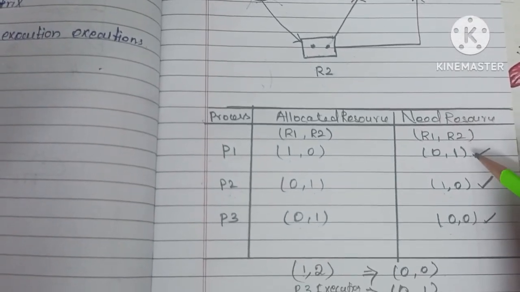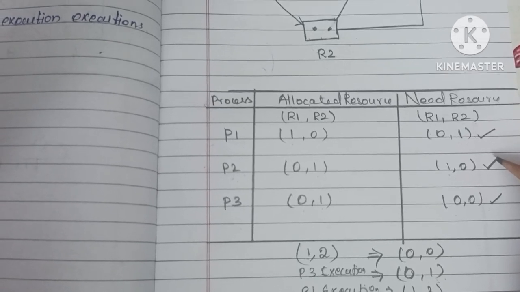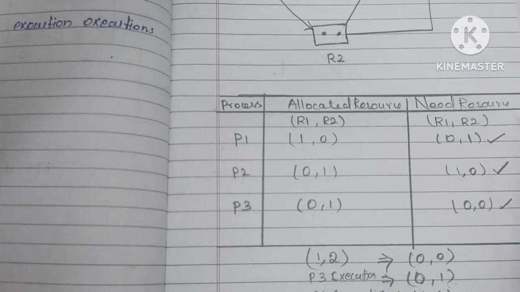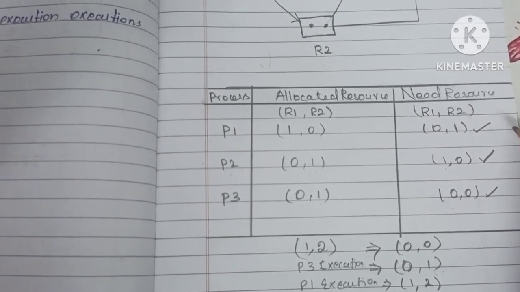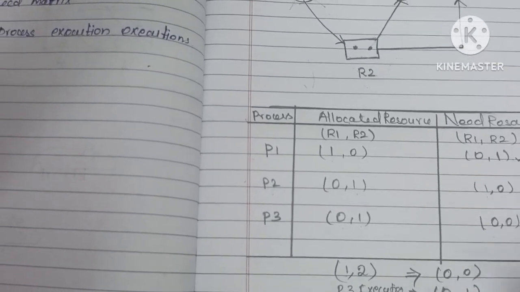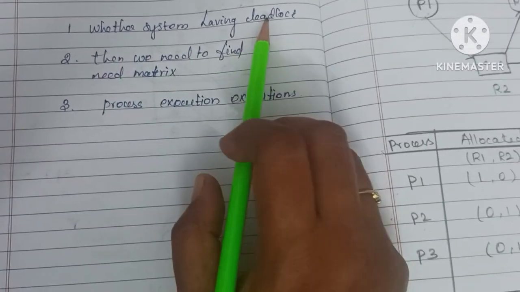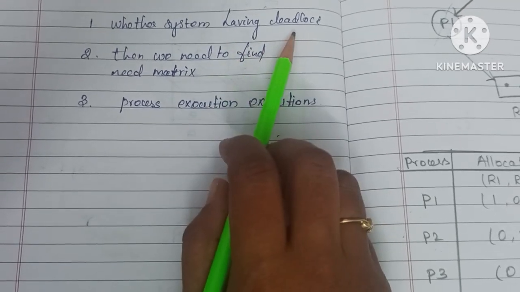After that we can execute the process P3 as well. So now all the processes are executed successfully, and the system does not have any deadlock. This is the answer for the first question: does the system have a deadlock? No, it does not have any deadlock.